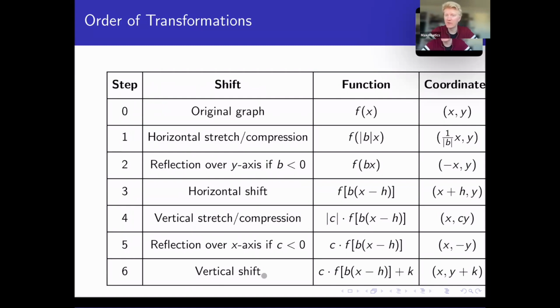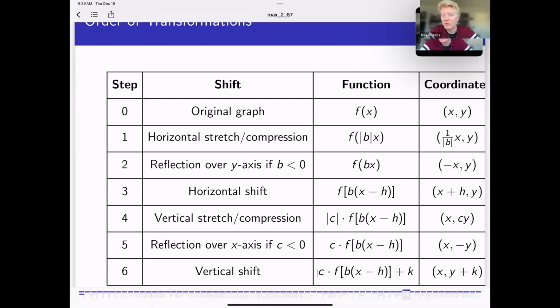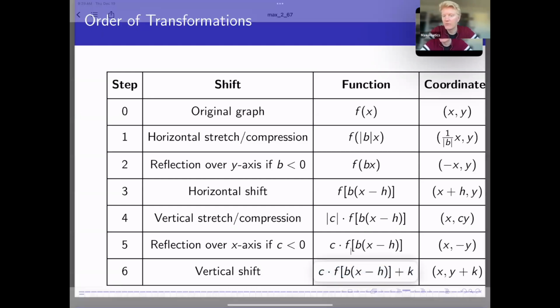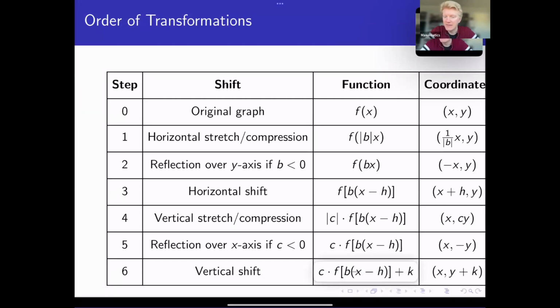And one thing I want you to know is, even though this is kind of daunting looking, right? There's a lot of information on this slide. Don't worry. The order in which we do these things is the order in which you would plug something in for x. So for example, let's take this really full version right here. If you were to plug some value in for x, as written here, you would subtract h, but then again, we could distribute this b, you would multiply by b, and then subtract h.